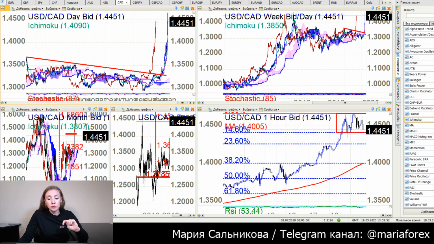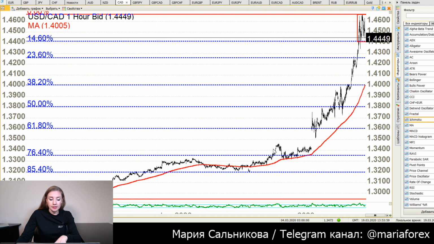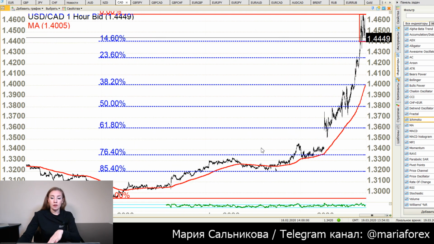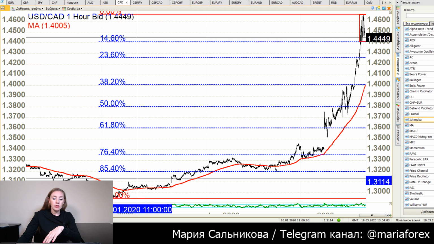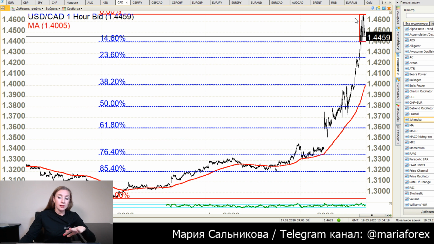Look here, we go to 1 hour chart and 4 hour chart. How can we decide that this is a moment to sell? We do measure all the way up for this currency pair with the Fibonacci levels. You always ask me to give you more information about these Fibonacci levels. For now, I still didn't make educational videos, but I do use these levels to give you an idea how to use them in trading right now.